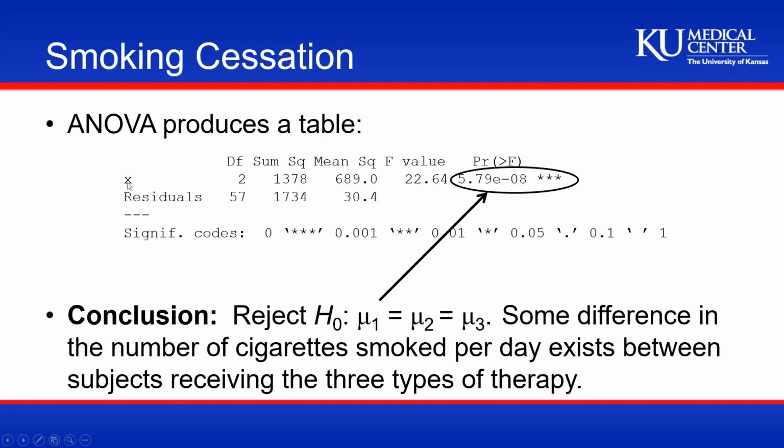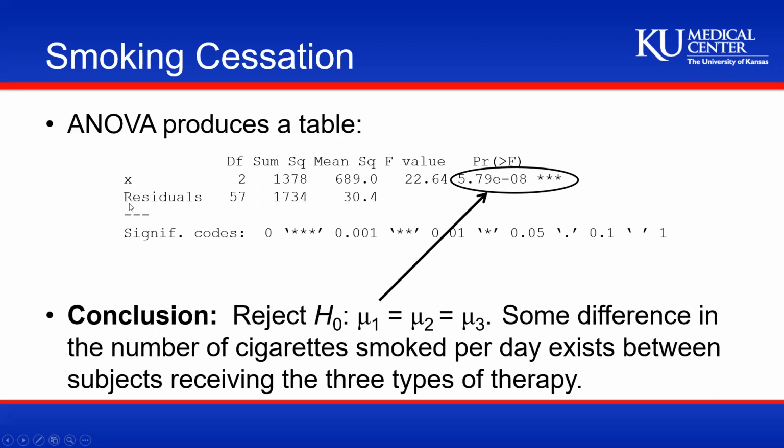So here we have a treatment. We'll call that treatment factor X. Maybe this is whether or not they received the treatment, for instance. And then we have, in this case, this output is produced by R, a row called residuals. That just is error. So it's either attributed to the treatment or it's attributed to error.